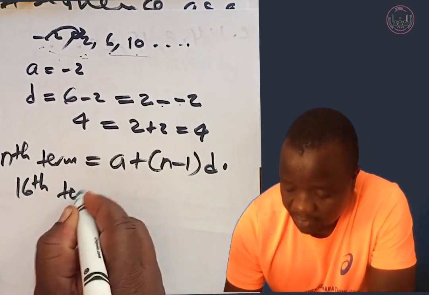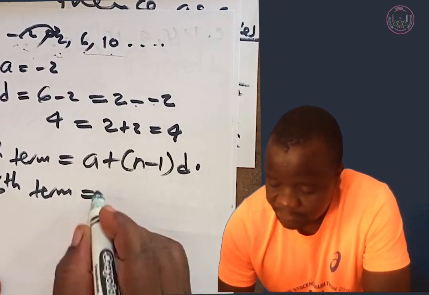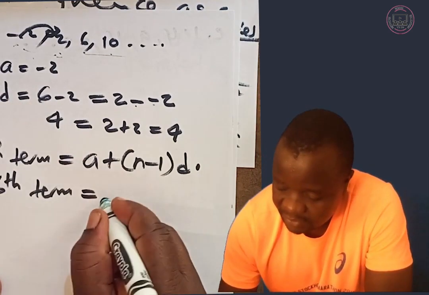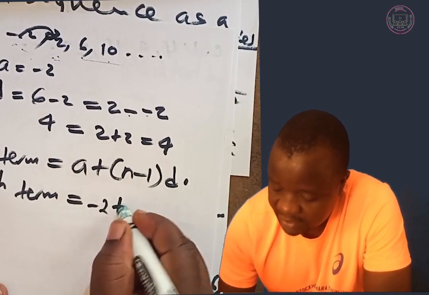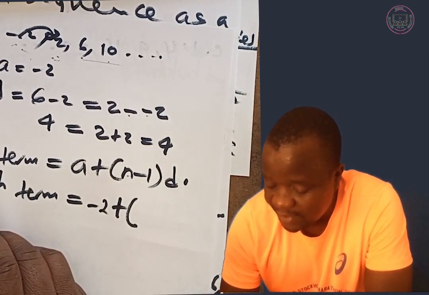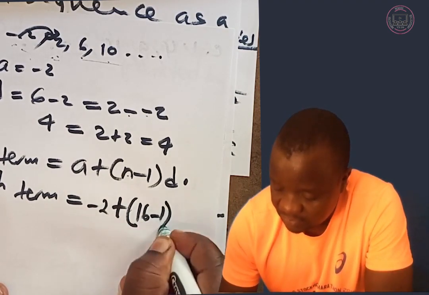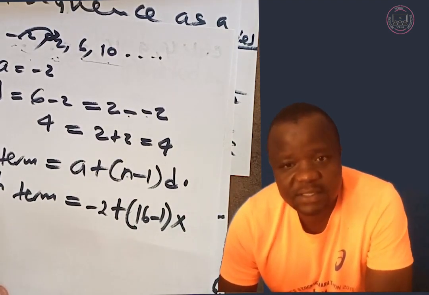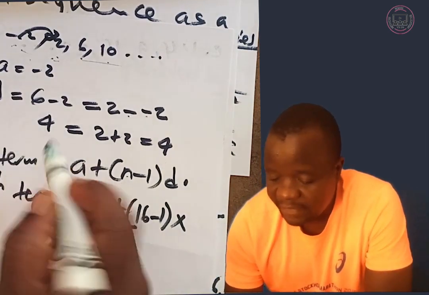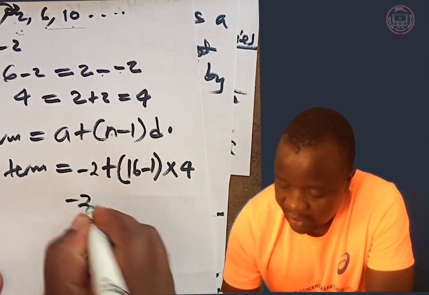You write the 16th term is equal to the first term, -2, plus n, which is 16, minus 1, multiplied by the common difference, which we already found to be 4.